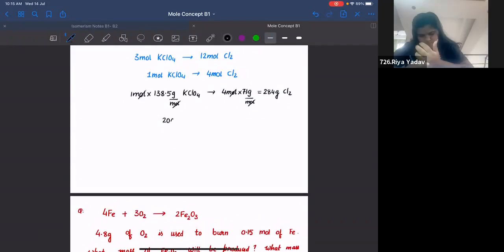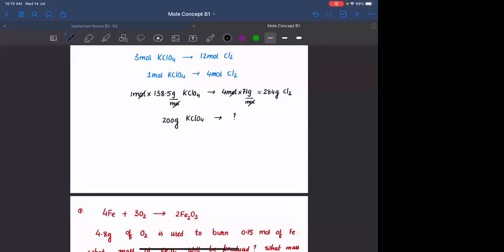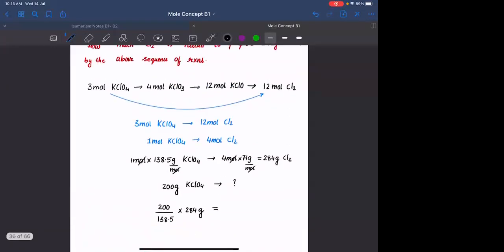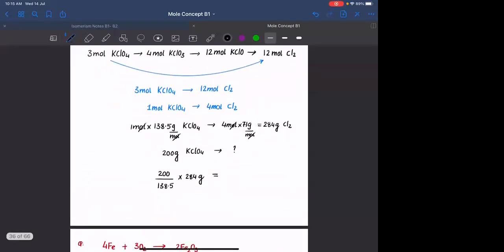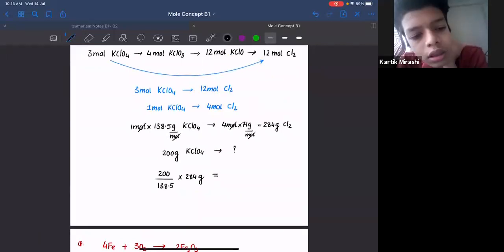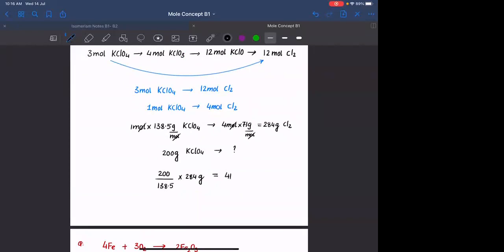You require 200 grams KClO4. इसके लिए कितना लगेगा? 200 divided by 138.5 into 284. 284 grams is equal to how much? I think the answer is close to 410. Yes, 410.1. Okay, very good. It is 410.1 grams.